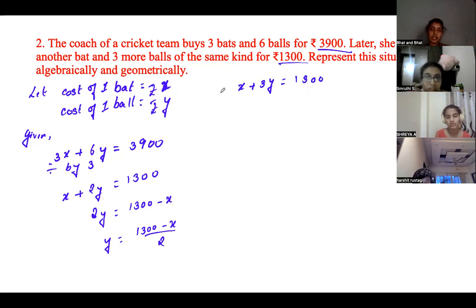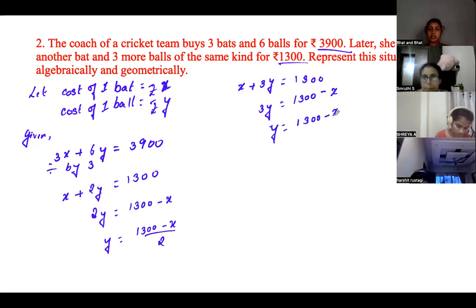Right? Now, this one we cannot further simplify. So we will write the expression for y. So 3y will be equal to 1,300 minus x. So y will be equal to (1,300 minus x) divided by 3. So this is your second equation and this is your first equation.